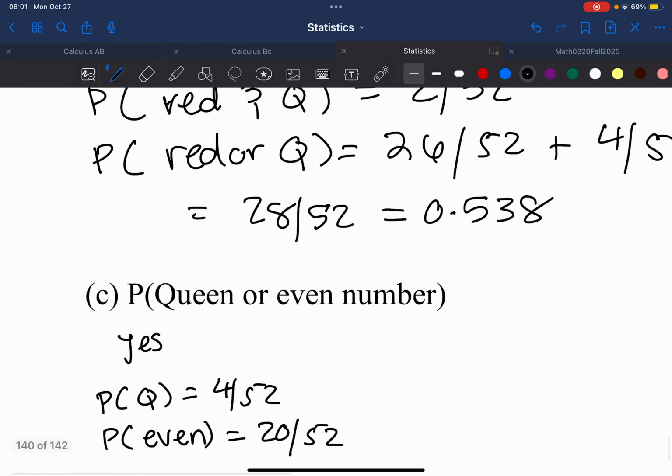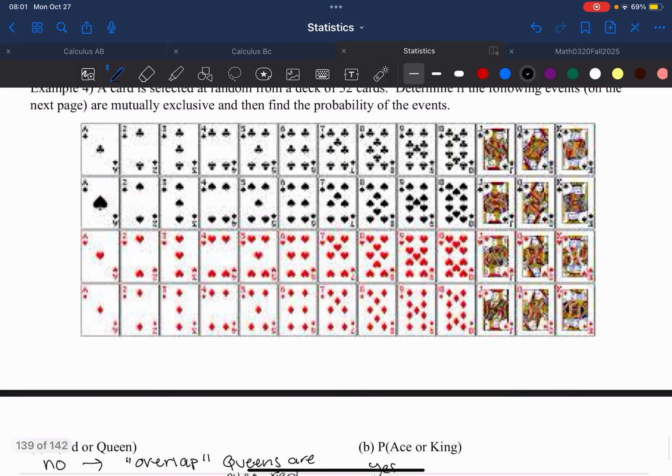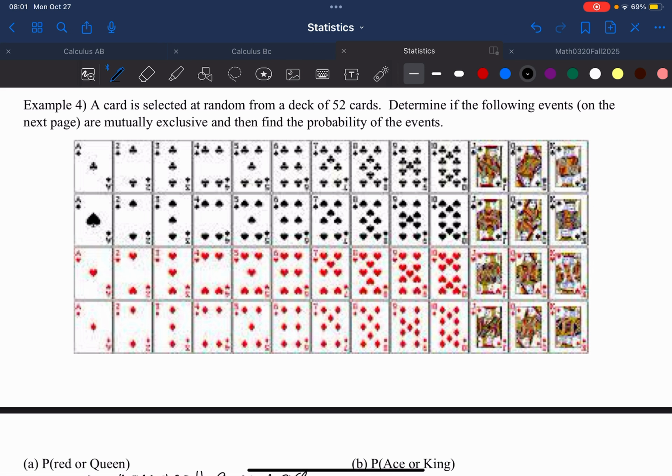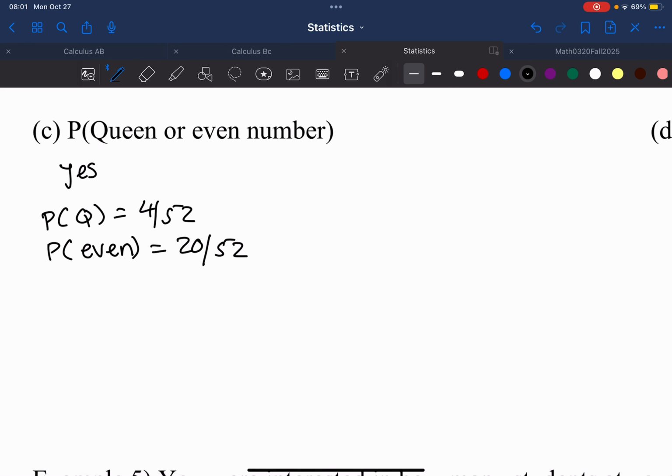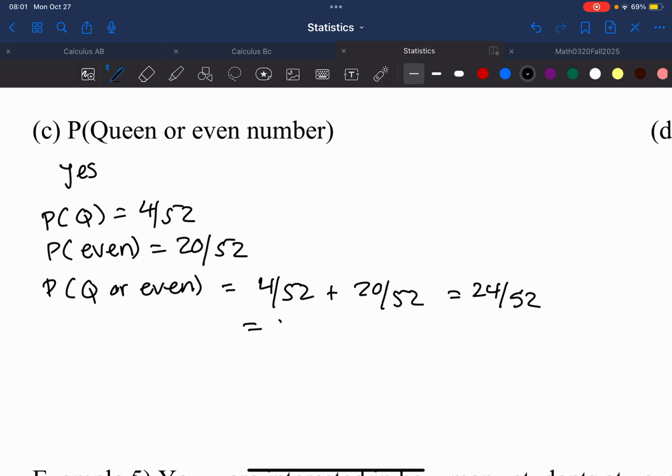And if you need to go back up here and count these cards visually because you're not sure what a deck of cards looks like, please feel free to do that. Which means that the probability of queen or even is just adding the two together. So 4 over 52 plus 20 over 52 is equal to 24 over 52, which gives us 0.462.